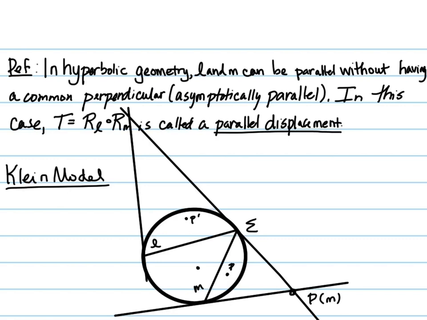But the reflection does not end up looking like a slide, like it's just slid over in that particular model, which is what I wanted to show. All right, so some facts about parallel displacement.